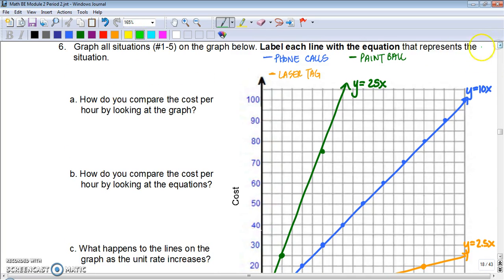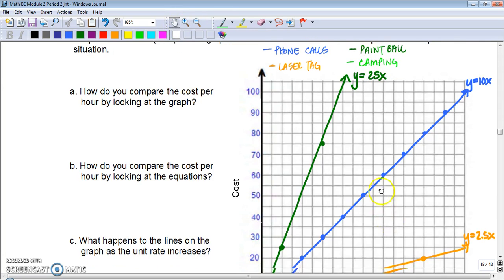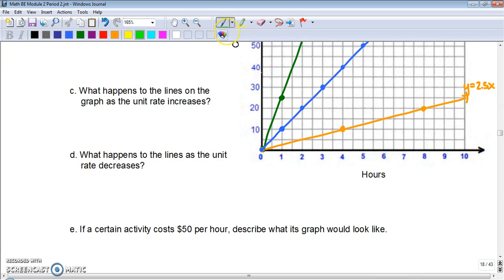camping. And camping is a little bit weird because camping did not cost much at all. So camping, the equation was y equals 0.25x. Camping went through the origin like all of them. And camping had a point at 6, 1.5. It was like barely up there.